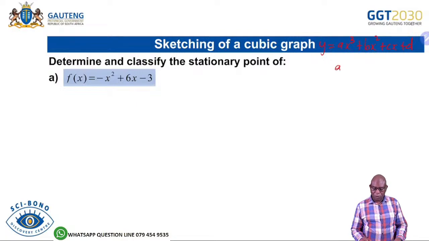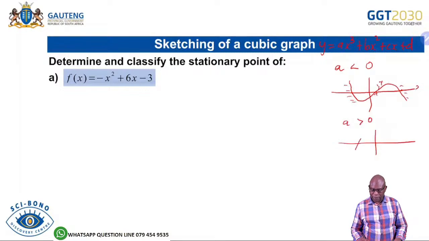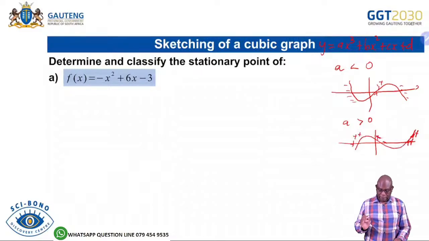For instance, if my value of a on this graph is less than 0, in other words negative, the graph will start by decreasing, then increasing and decreasing. When a is greater than 0, the sketch is going to start by increasing, then it's got the stationary point, then it decreases, and from there it increases. So that is the shape of that graph.